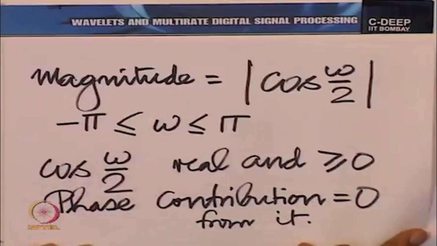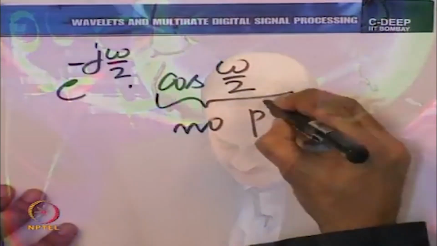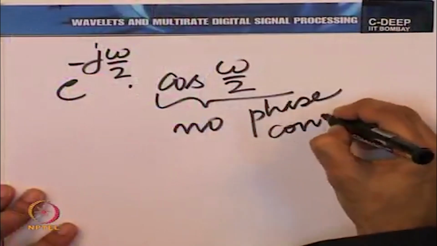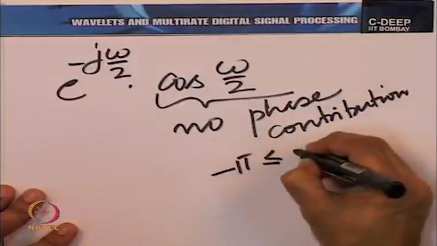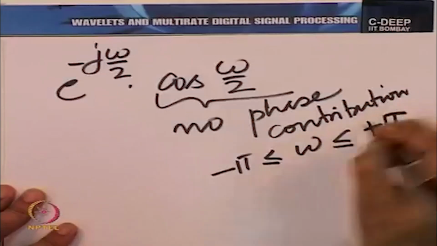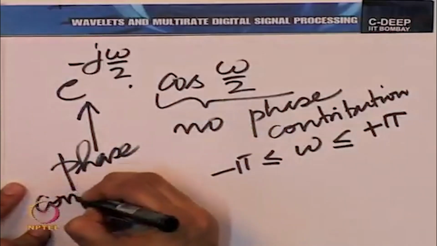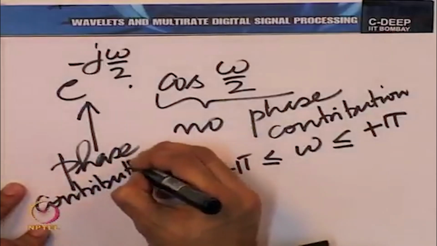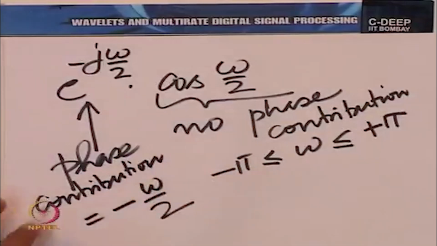So, in the overall frequency response, e raised to the power minus j omega by 2 times cos omega by 2, for minus pi less than or equal to omega less than or equal to plus pi, the phase contribution comes only from the exponential term. The phase contribution from this term is equal to minus omega by 2.